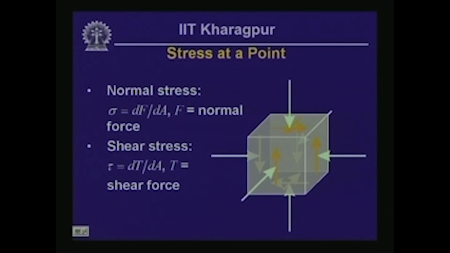Here we are considering the vertical plane that is facing us, as well as the horizontal planes near the top and the bottom of the element. So all these four shear stresses are again going to be of equal magnitude, although the magnitudes of these shear stresses could be different from the previous four shear stresses that we considered.